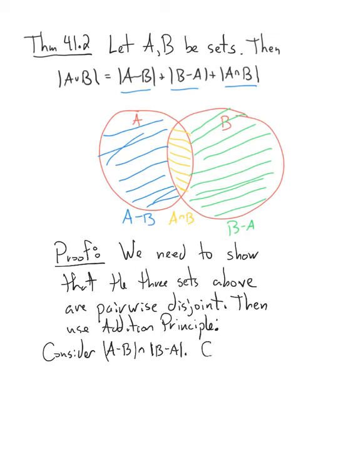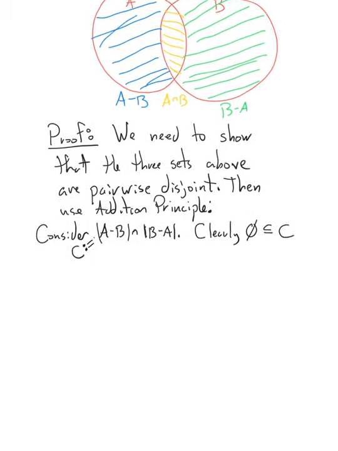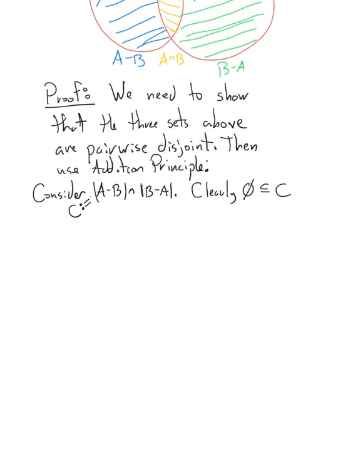All right, so clearly, I'm going to call this C, just so I don't have to keep writing that whole A minus B intersect B minus A. So clearly, the empty set is a subset of C, because the empty set is a subset of every set. So now if we show the other way, we have equality of sets.